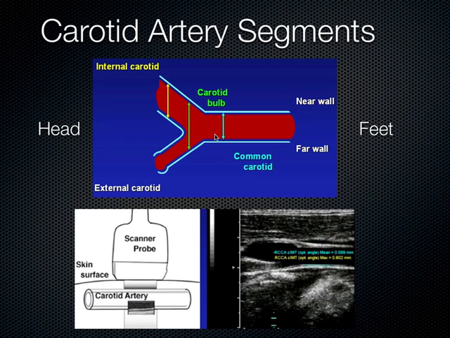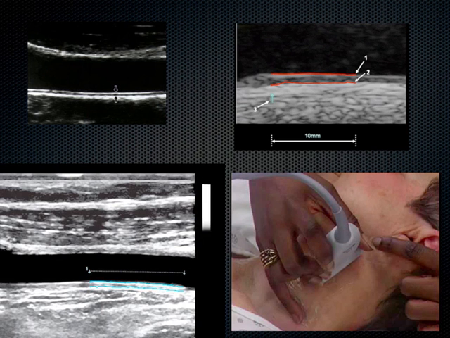You can turn that frequency up and get beautiful images here at this location. And it looks like this when we're measuring it. We try to trace it along for about a 1 centimeter length along that posterior wall.